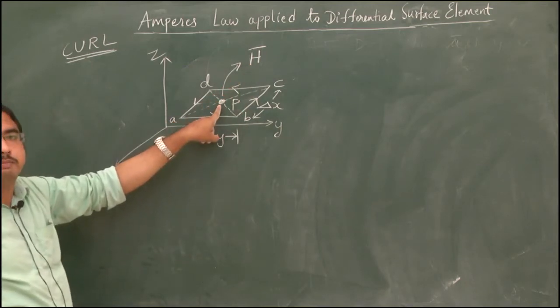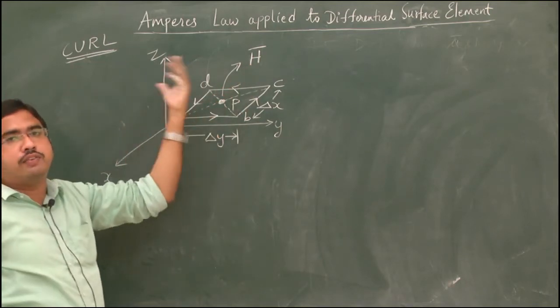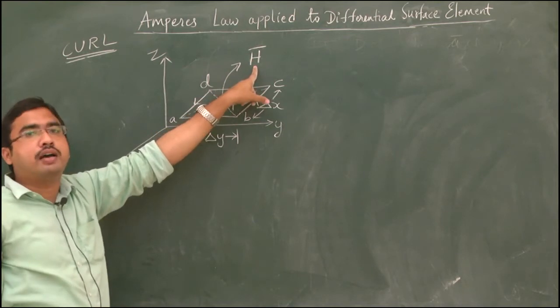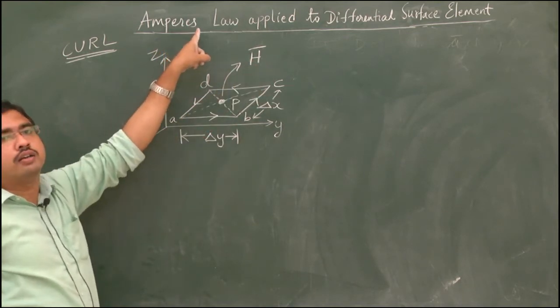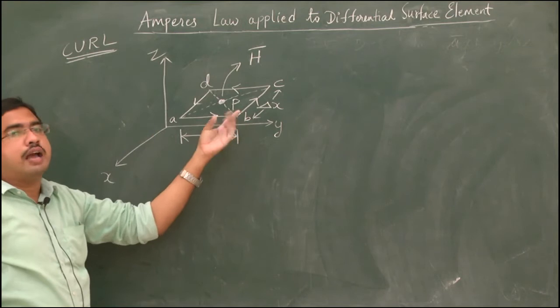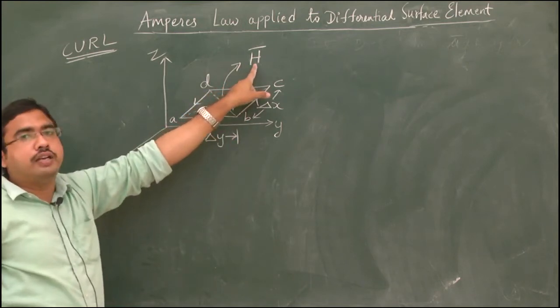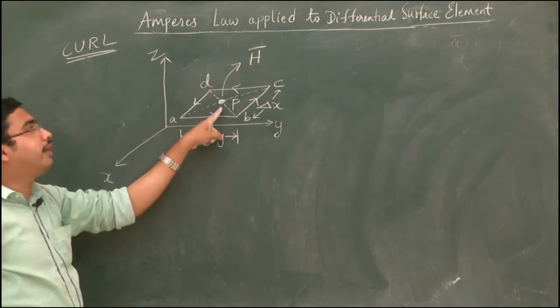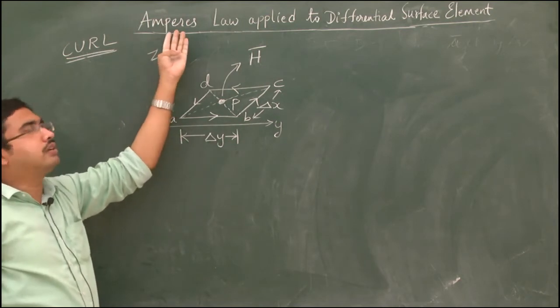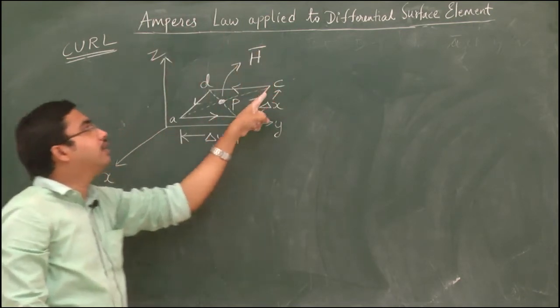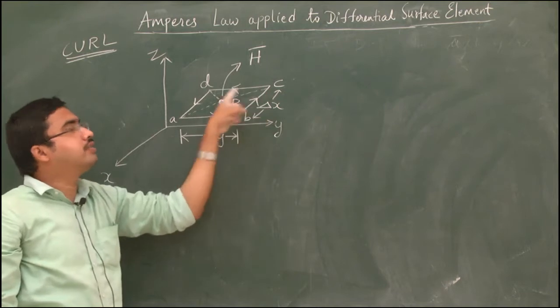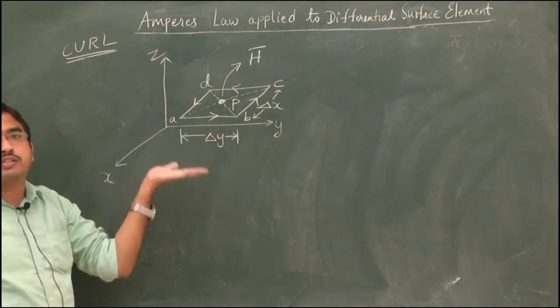at this point P. Already we have seen a number of derivations for finding H bar by using Ampere's circuital law. In the similar procedure, again we will find magnetic field intensity H bar at this point P by using Ampere's circuital law, and the path here that you are considering is A, B, C, D, which is kept in the xy plane.